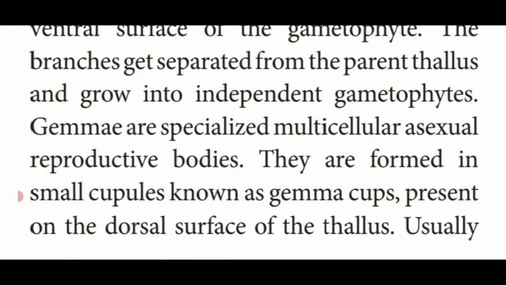Another one, the gemma cup. The dorsal view of Marchantia produces multicellular asexual reproductive bodies in the form of cupules or cups, so they are known as gemma cups, present on the dorsal side of the thalli.